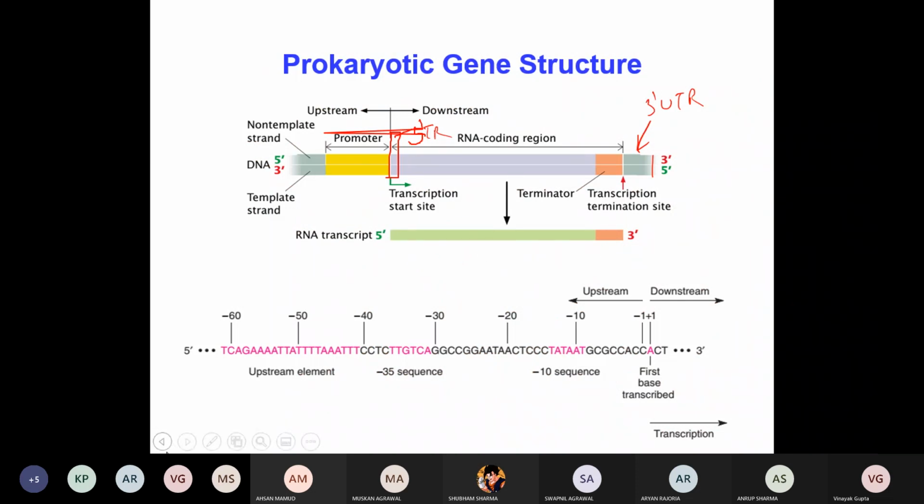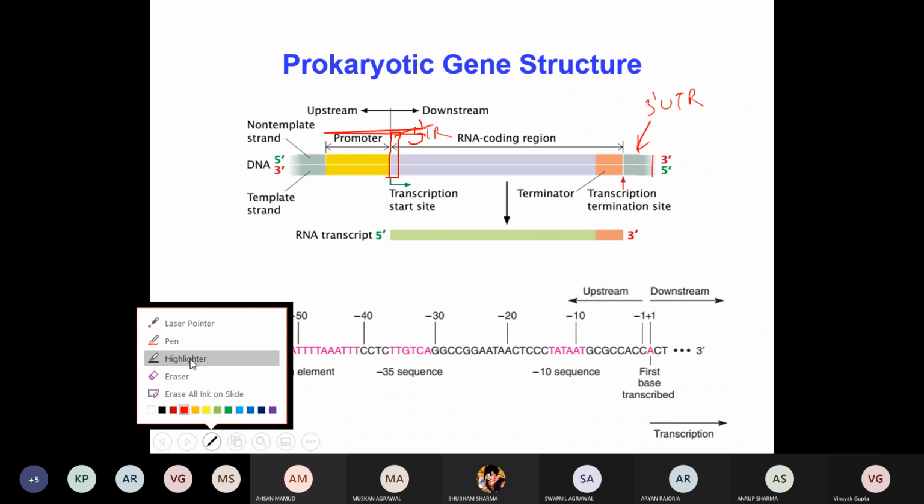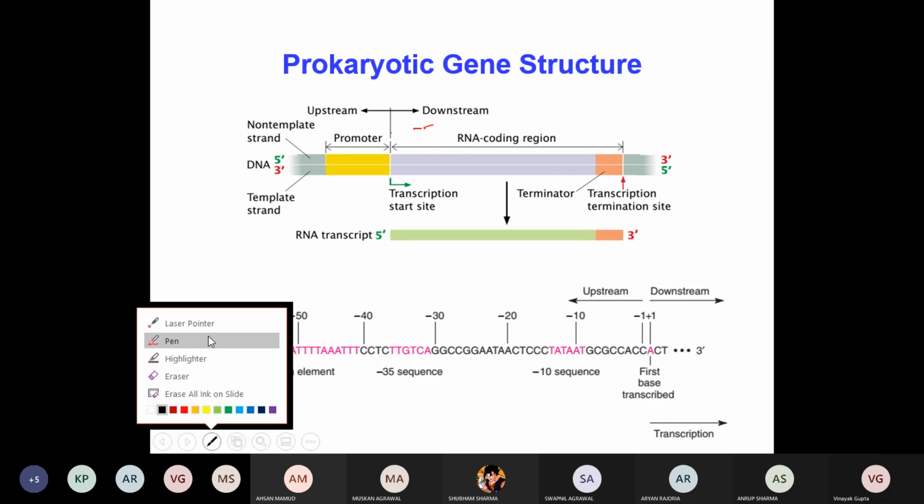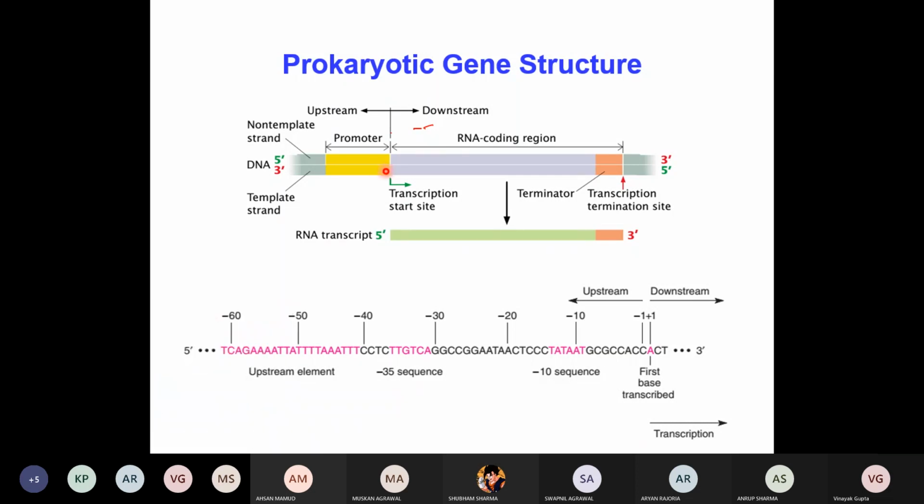One more important thing with respect to the numbering system, I can tell that also: how the nucleotides are numbered in a gene. If you see this diagram here, you will find that the first nucleotide from where the transcription actually starts, the first nucleotide of your 5' UTR, is called the +1 position.